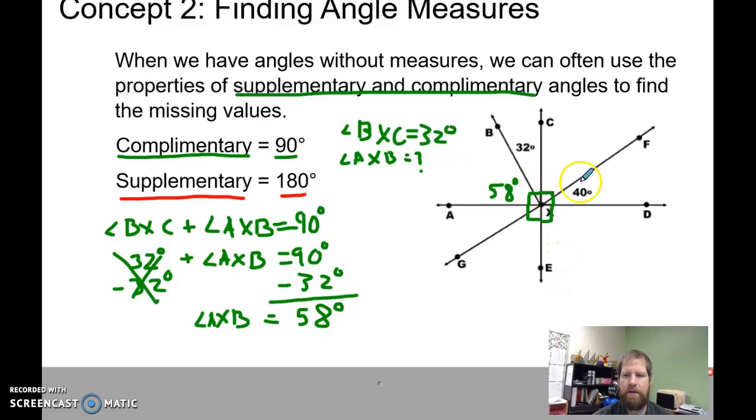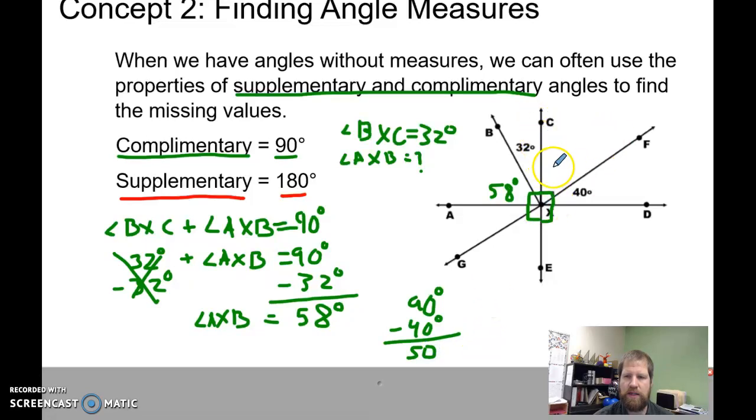I can do the same thing over here if I want. I've got my angle FXD. FXD is equal to 40 degrees. So to find CXF, I'm going to do 90 degrees, because they're complementary, minus 40 degrees. It's going to be equal to 50 degrees.